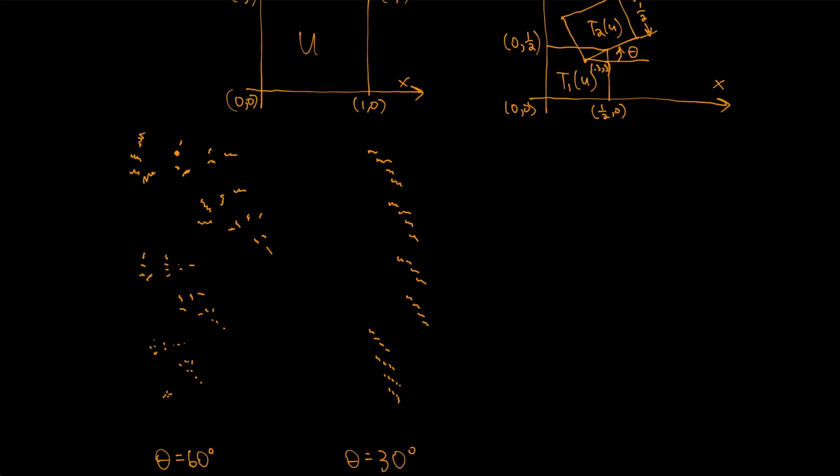Should be kind of curling inward. Pretty hard to see. Should actually be a little bit more slow than this, but that's okay. And then if theta equals 0 degrees, then it's not rotating at all. So it's just a straight line shrinking down from 0.6, 0.6 all the way to the origin.